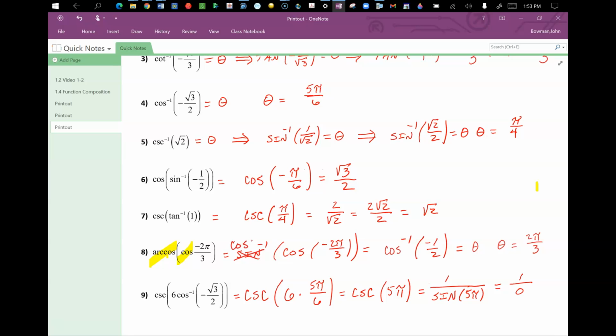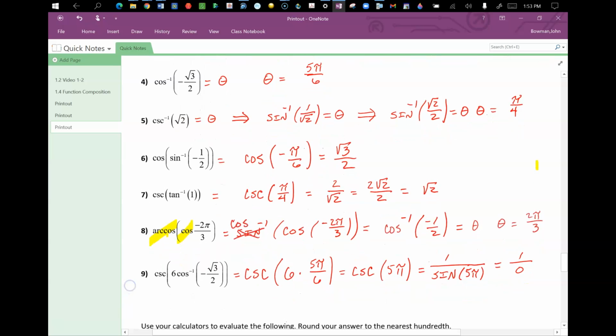All right, and then we'll do one more here, and then I'm going to let you practice on your own. So the inverse cosine of negative root 3 over 2. Find me an angle in the first or the second quadrant that has a cosine of negative root 3 over 2. Well, you can verify that that's 5 pi over 6. Now we're going to multiply that by 6, and you will see that these 6's cancel out.